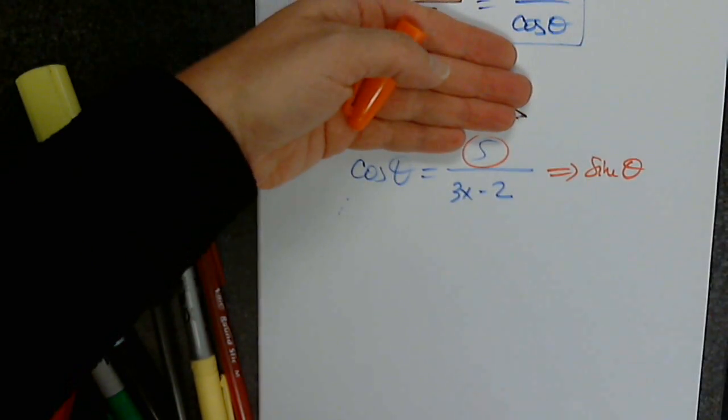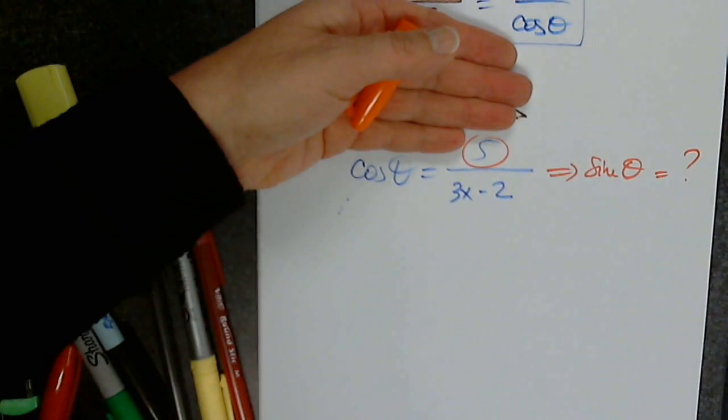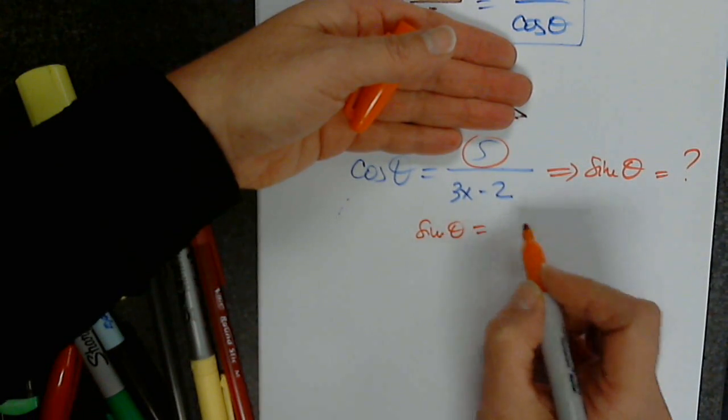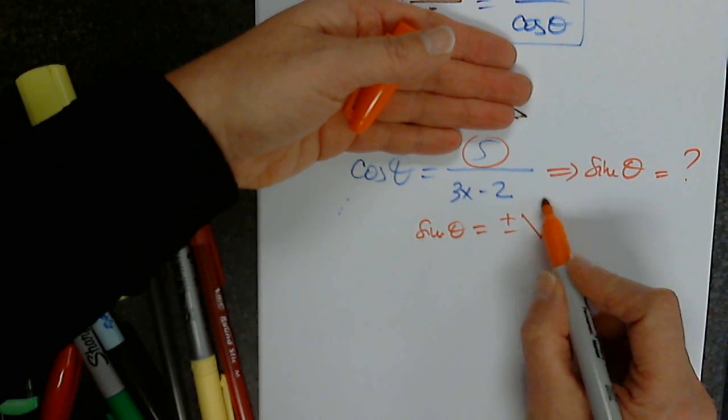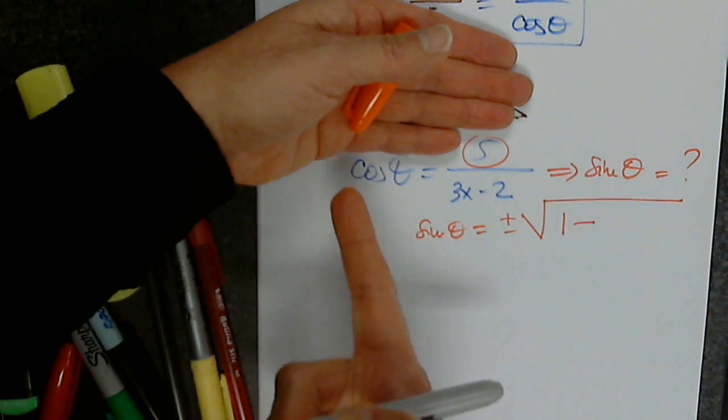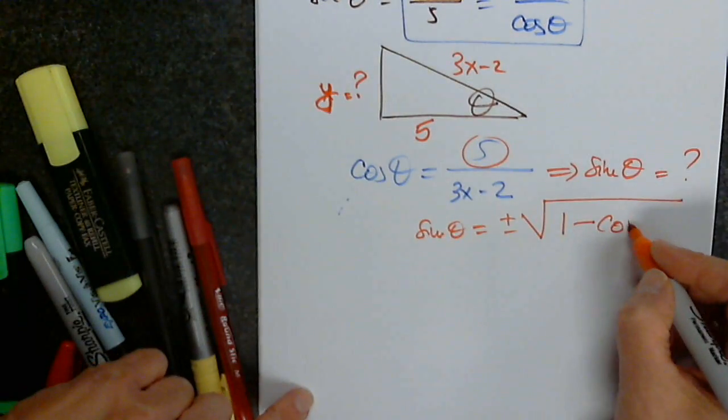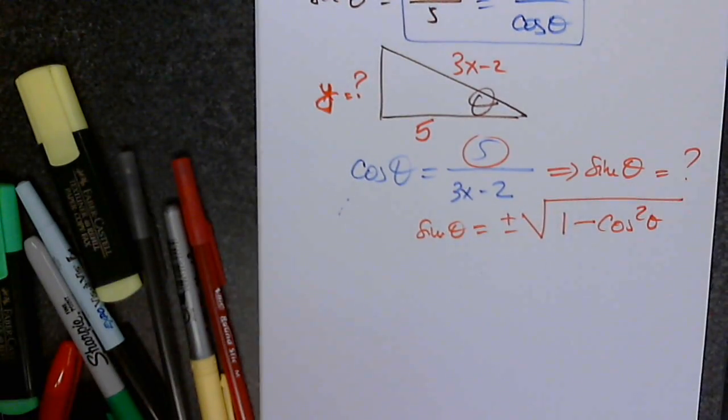But assuming I don't want to use the triangle, how will I find sine theta? So sine theta equals plus or minus the square root of 1 minus cosine squared. So that's another way. Good.